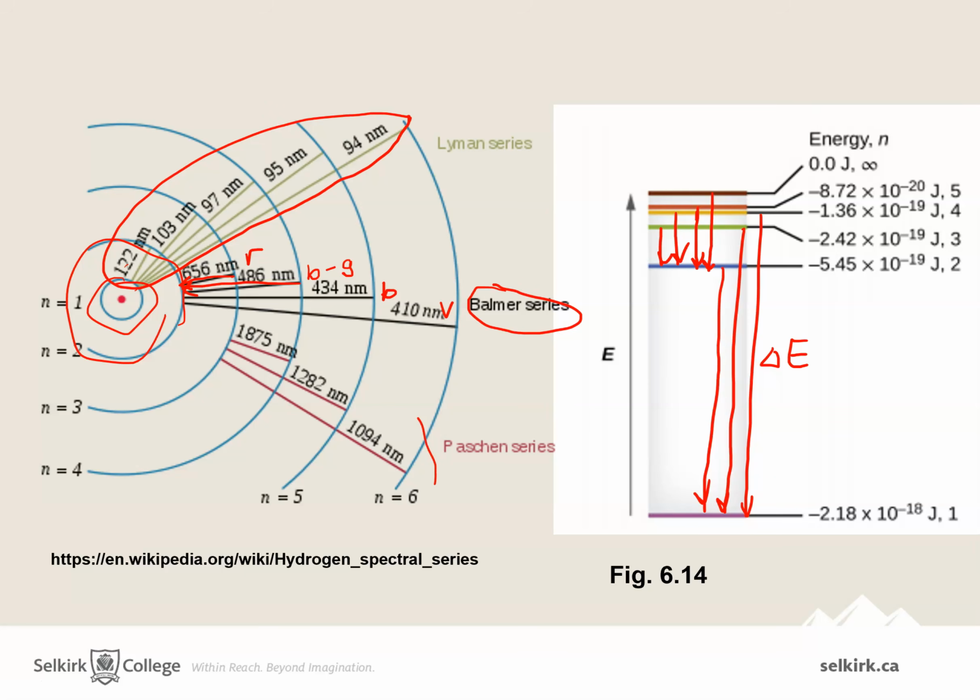Similarly, there's a bunch of lines observed in the infrared part of the spectrum for transitions down to the third energy level. So no wonder that Bohr's model was accepted. It explained previous results and it predicted new results.